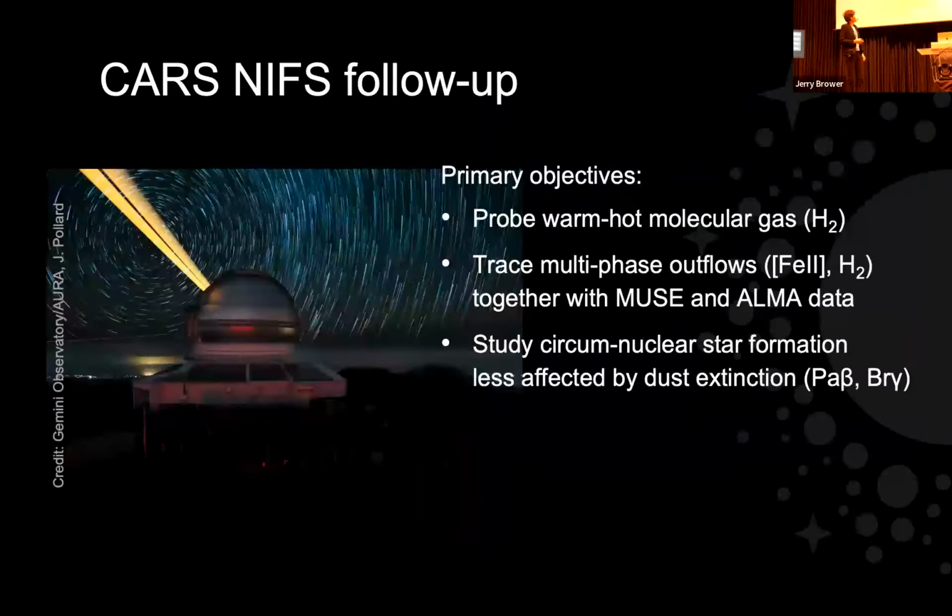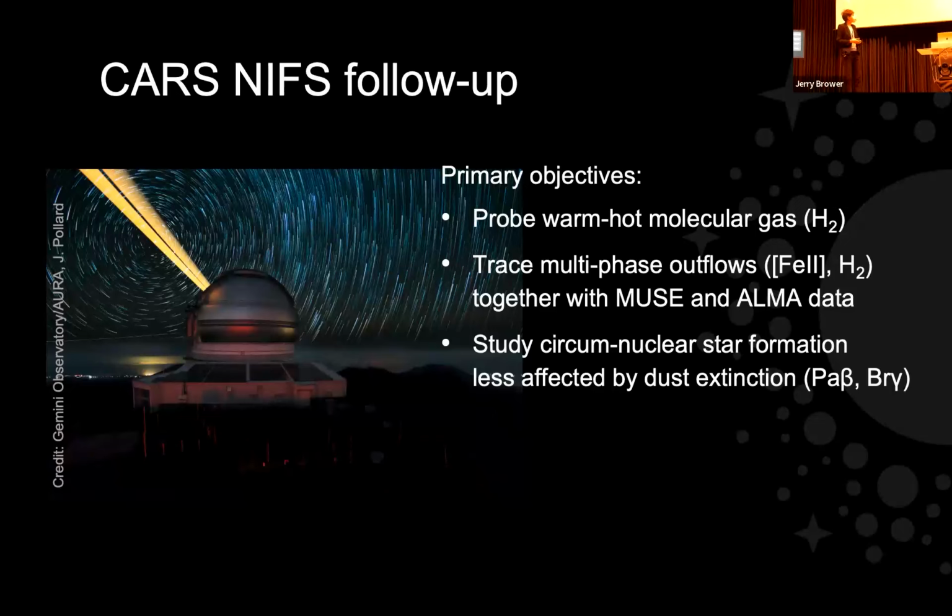So now I will switch to the NIFS follow-up project and the primary goals. And again, thanks for the introduction in the previous talk. The primary goals were to add basically another multi-phase gas tracer, which is the warm hot molecular gas traced via the H2 lines in the near-infrared K band. And this is gas which is basically at a few thousand kelvins.